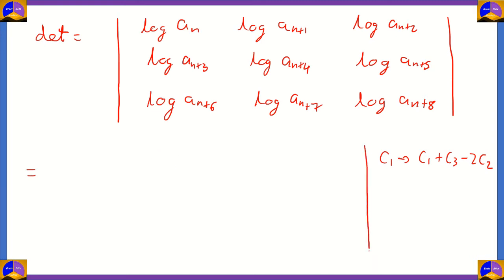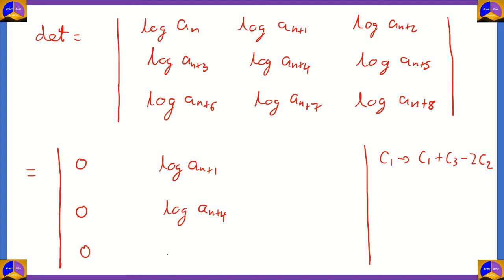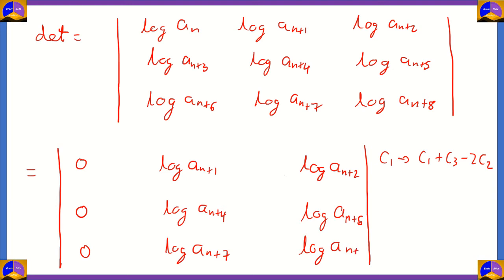And when we do that, we get 0, 0, 0, log an plus 1, log an plus 4, log an plus 7, log an plus 2, log an plus 5, log an plus 8.